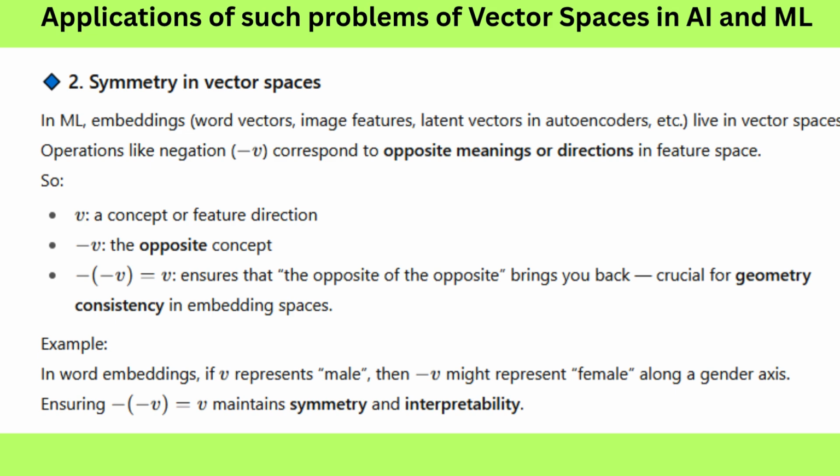For example, in word embeddings, if V represents male, then negative V might represent female along a gender axis. Ensuring the negative of negative V equals V maintains symmetry and interpretability. Pretty simple, right? V represents male, negative V represents female, so the negative of negative V is male again.